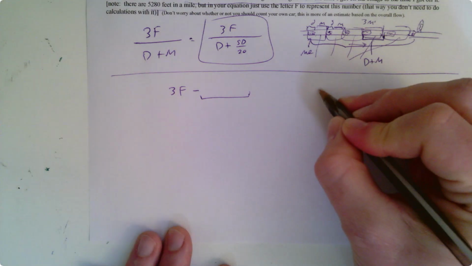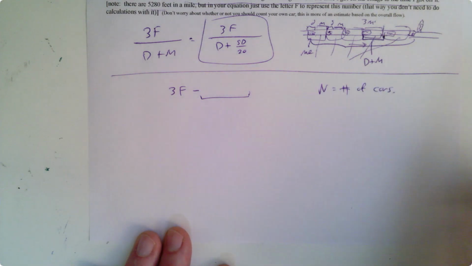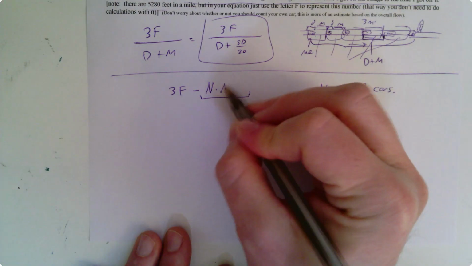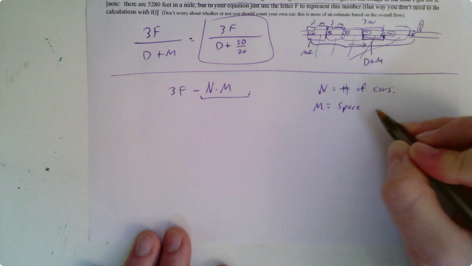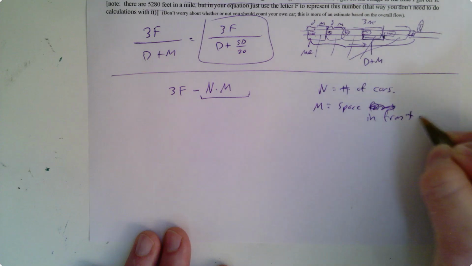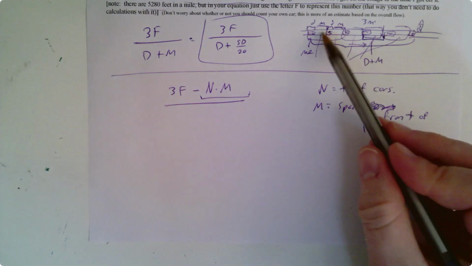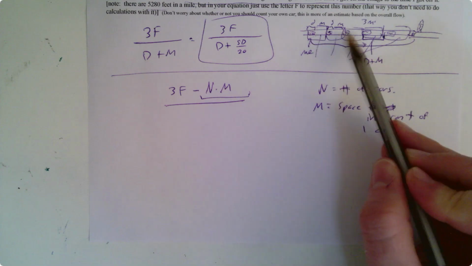So that way we're left over with just how much distance is taken up by cars. So let's say n equals the number of cars. What we want to do is n times m, where m is the space in front of one car. Once you've removed all the space, the distance you have left over is distance being taken up by cars.